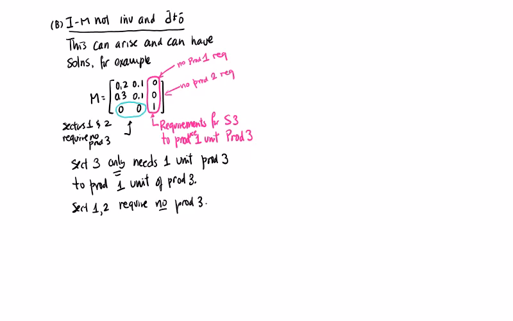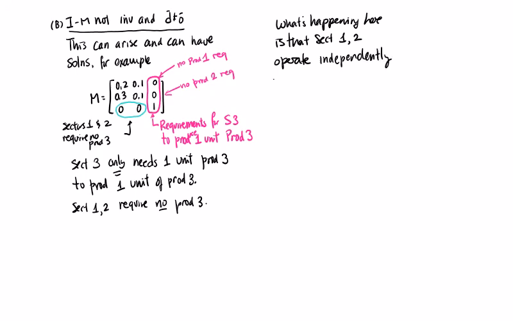So what this means is basically sectors 1 and 2 can do whatever they need to do to have an external demand. And sector 3 is sort of isolated by itself. So what's happening here is that sectors 1 and 2 operate independently. We could think of them as an isolated little economy.